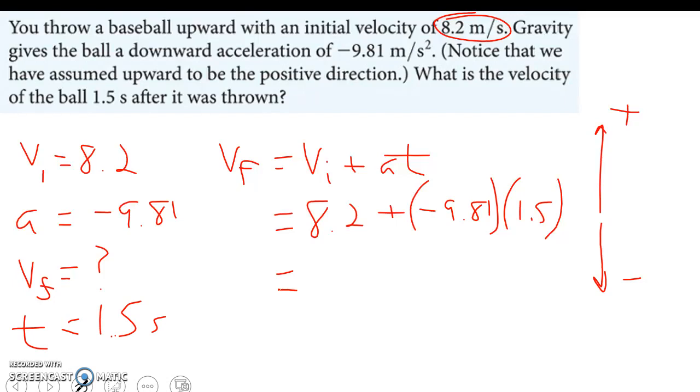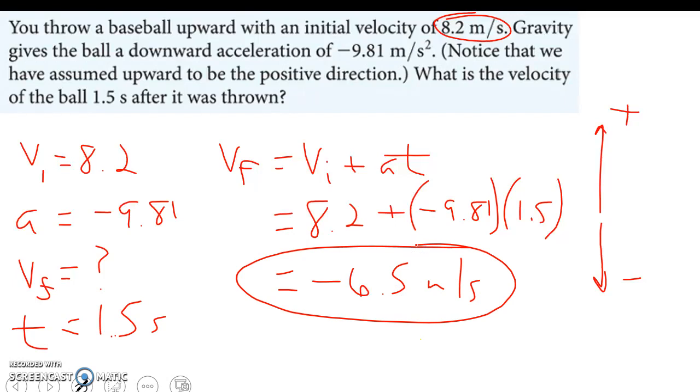So negative 9.81 times 1.5 plus 8.2, and I get negative 6.5 meters per second. Now, negative velocity means that the ball has gone up to the peak and is on its way back down at a velocity of 6.5 meters per second.